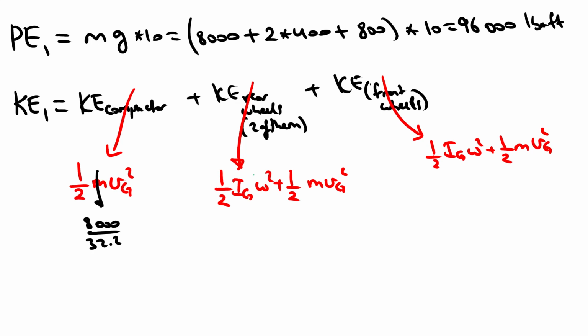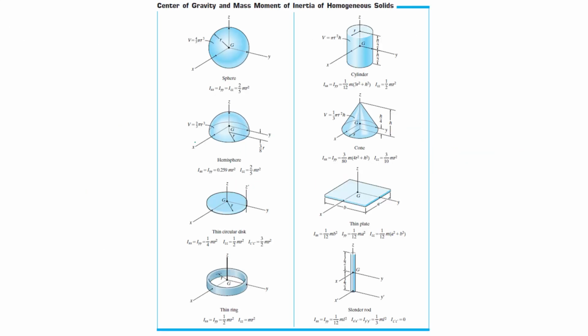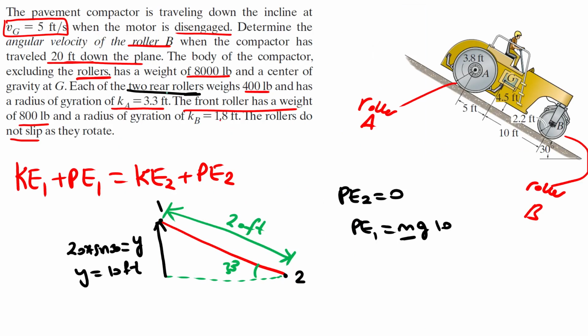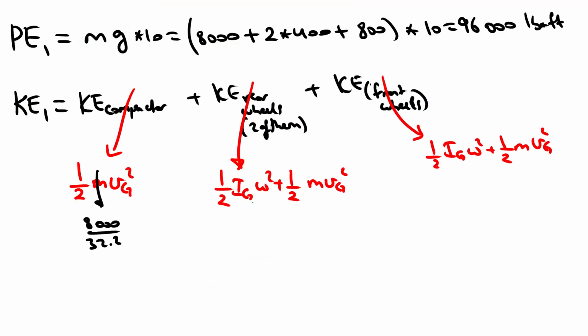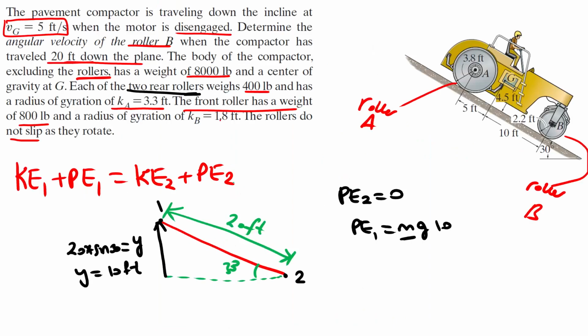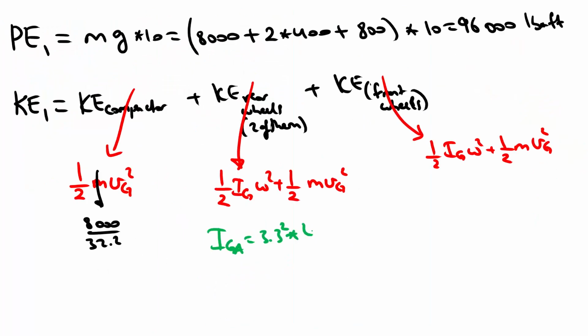Then Ig of the wheel, we have two of them, but easily we can find it from the radius of gyration, which is 3.3. So I will just put this one as A. So IgA will be 3.3 squared times the mass, which is 400. This is for one of them, and then for two of them it will be times 2.